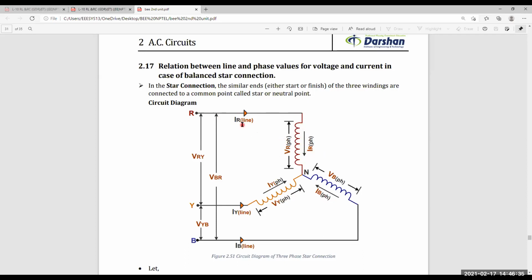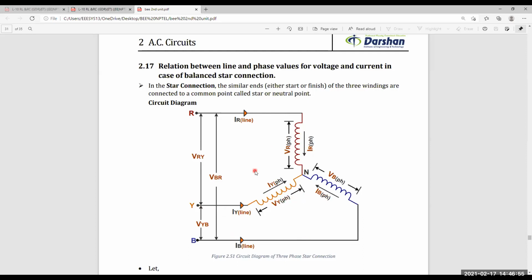That means line current is equal to phase current. Similarly for the Y phase, and similarly in the B phase also.